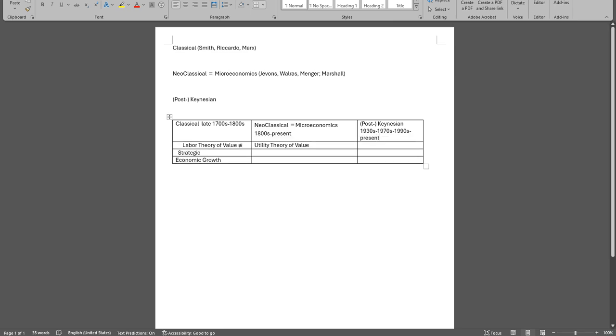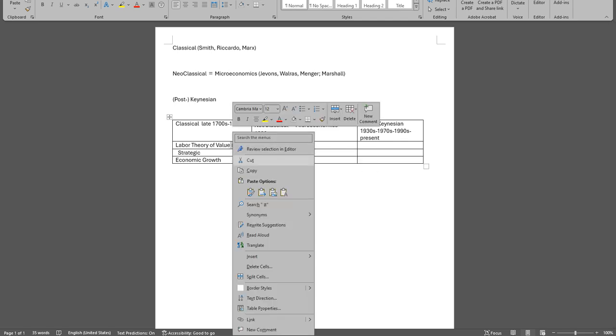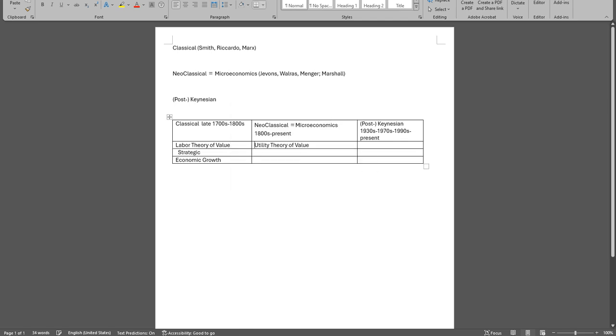Okay, so labor theory of value, difference, strategic thinking.